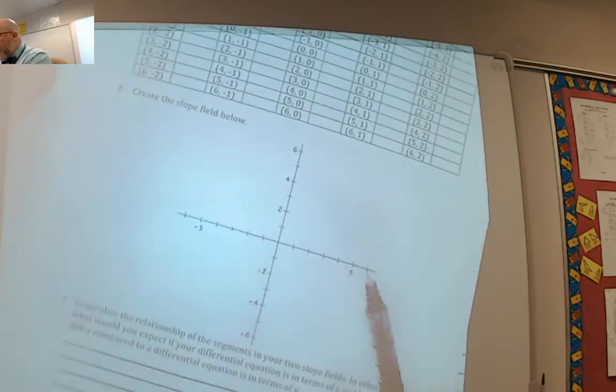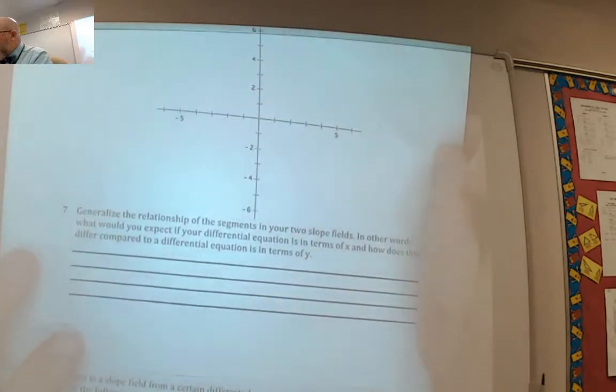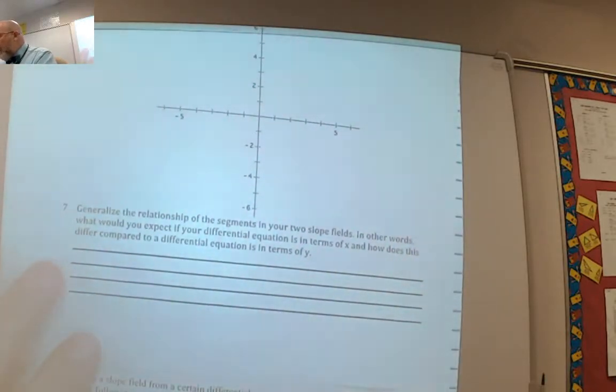Right here it says generalize the relationship of the segments in your two slope fields. In other words, what would you expect if your differential equation was in terms of x? Well, I would expect segments that were parallel vertically. And how does this differ compared to the differential equation in terms of y?